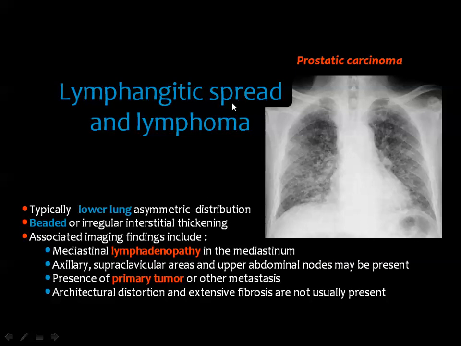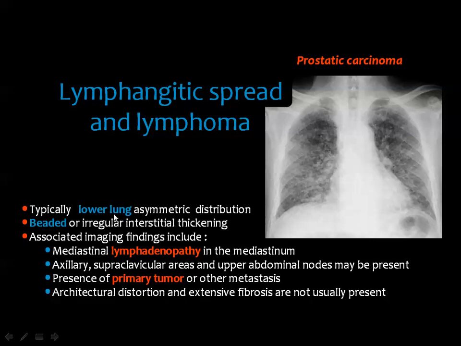In this disease, the diagnosis is usually easy whenever you know that the patient had a primary malignancy. In the presence of a primary malignancy, interstitial lung opacities should be interpreted as lymphangitis carcinomatosa until proved otherwise.